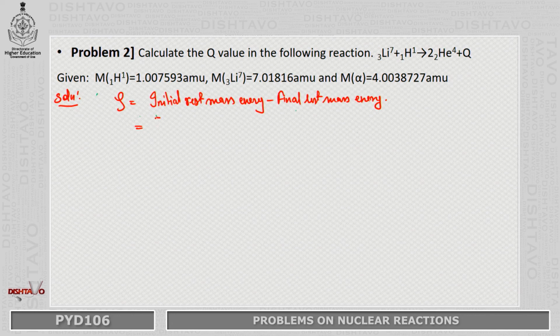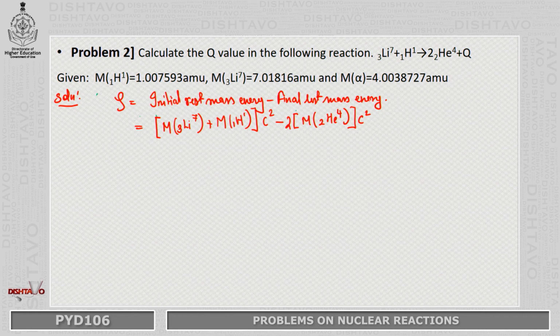So the initial rest mass is going to be the mass of lithium plus the mass of the proton, into c square, minus the final particles, which is 2 times the alpha particle mass, into c square.